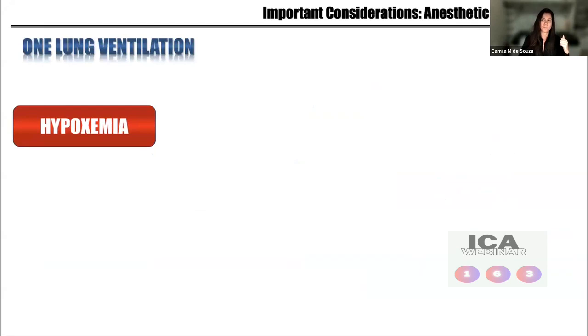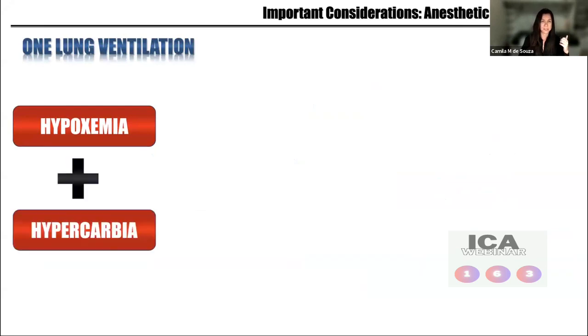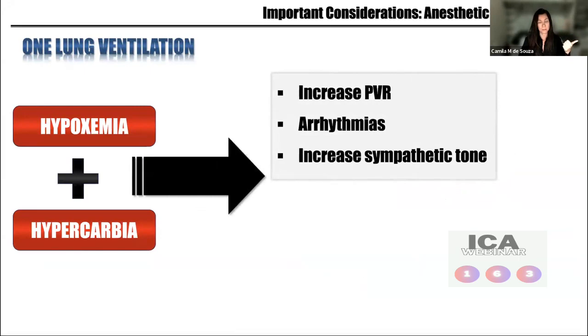Another common problem during 1 lung ventilation is hypercarbia. And this combination of hypoxemia and hypercarbia increases pulmonary vascular resistance, increases the risk for arrhythmias, and also increases the sympathetic tone.